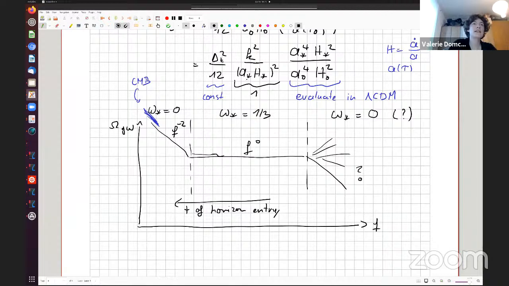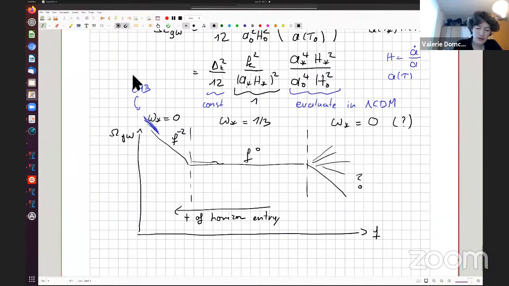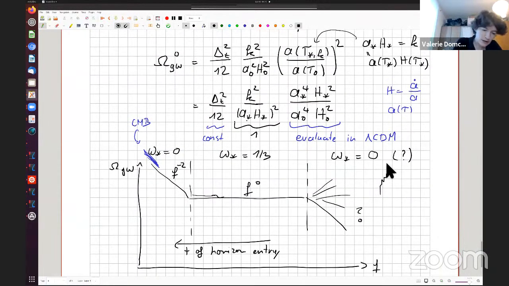The downside is that in this very simple model, as we'll see tomorrow, the bound coming from the CMB gives us a maximal amplitude for this plateau. The amplitude here is roughly, if I remember correctly, of the order of 10 to the minus 16 or so, or even smaller.